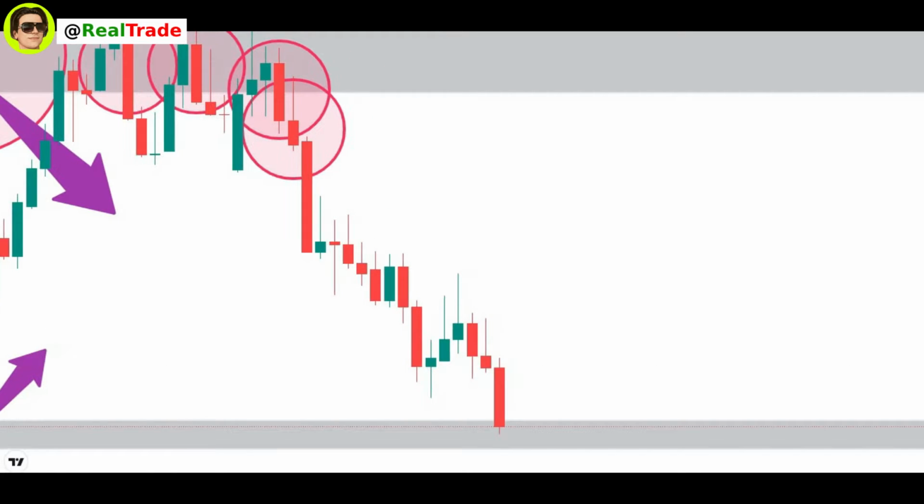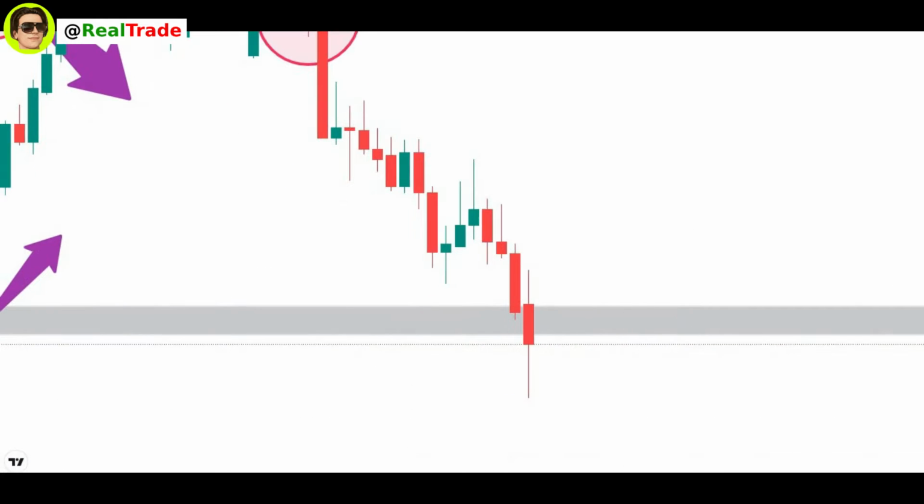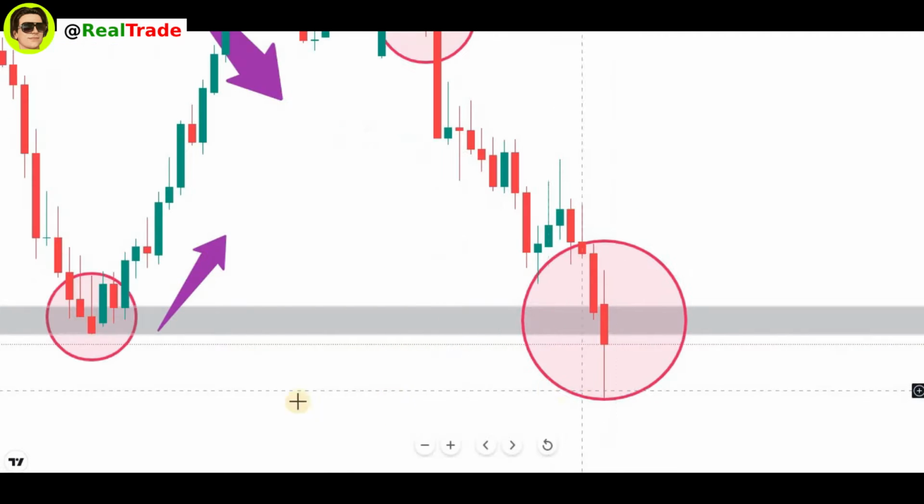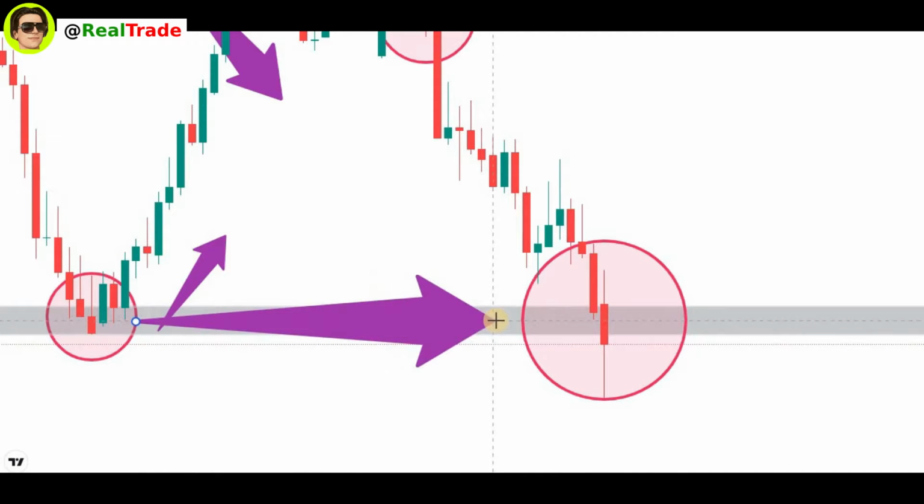Continue, another candle. Yes, take a profit. TP profit. Local resistance, go support resistance, go local support resistance.